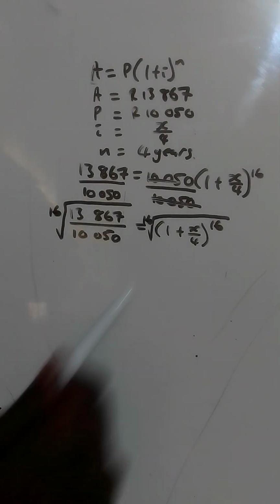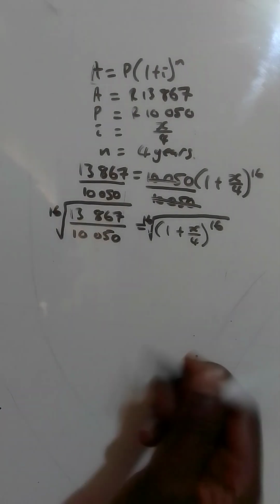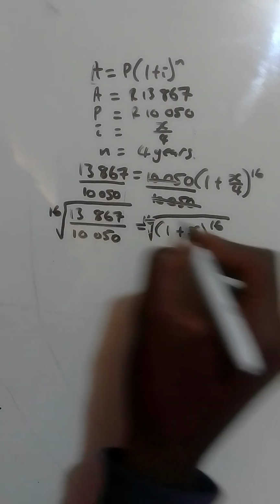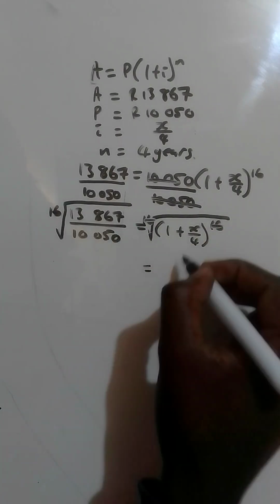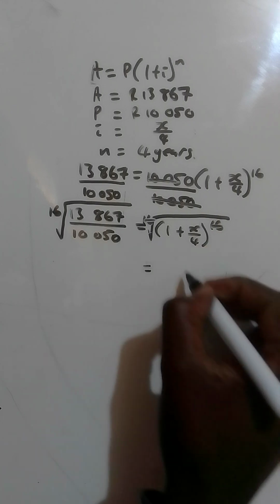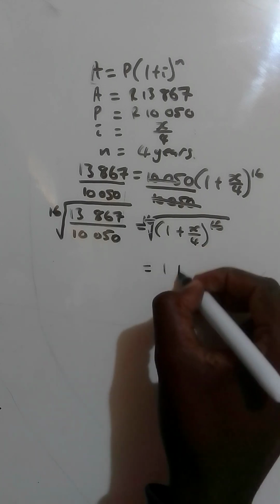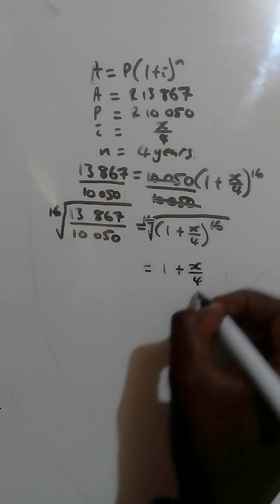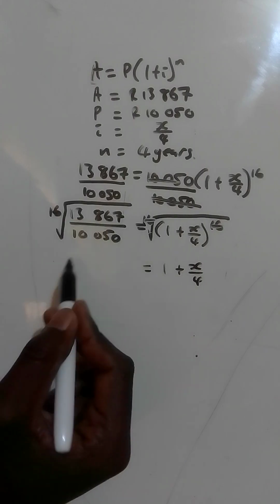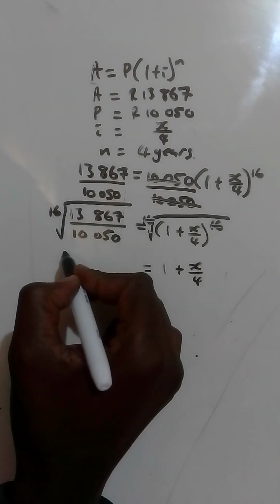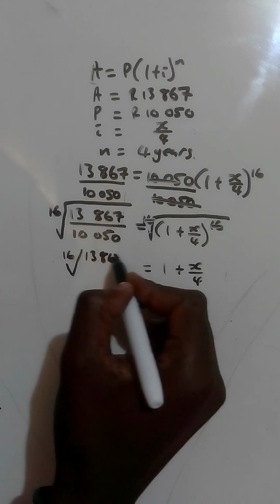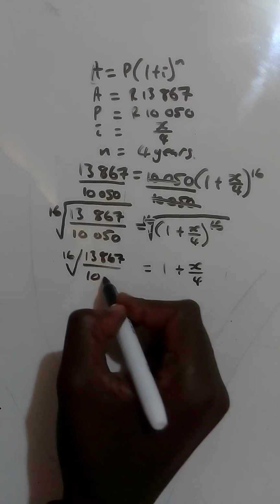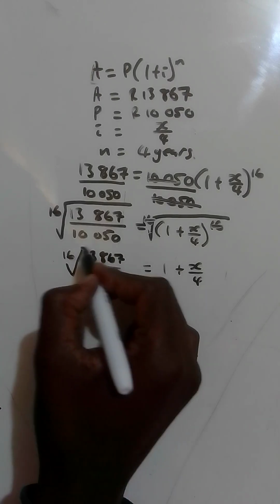Now the 16th root of this makes us lose this 16th power, which leaves us with 1 plus x over 4, without the brackets. And then we say that we've got the 16th root of 13,867 over 10,050.